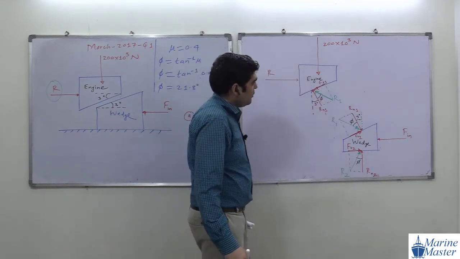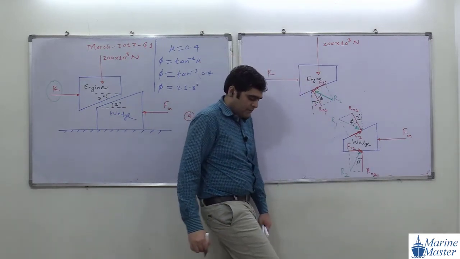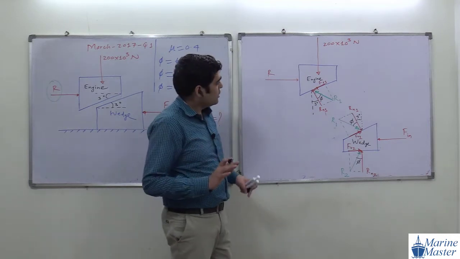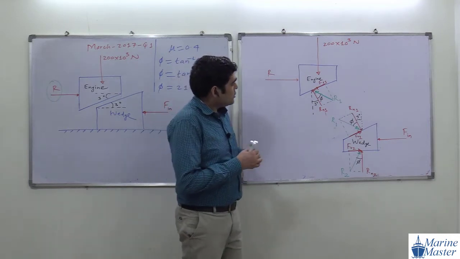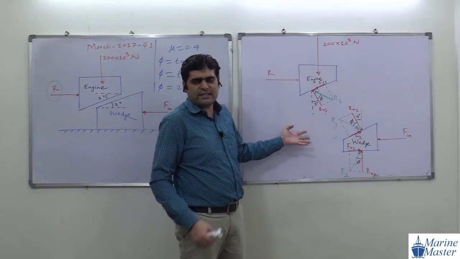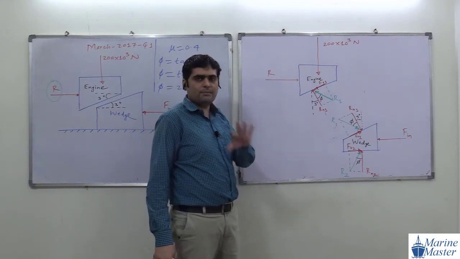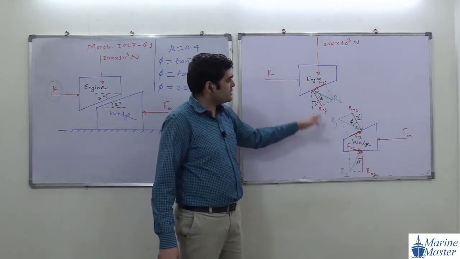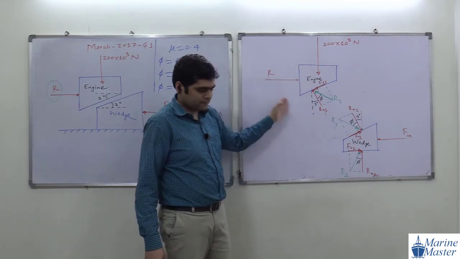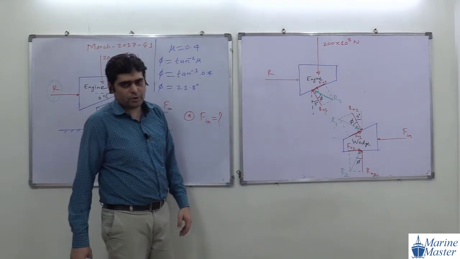Okay guys, are you getting my point? Please everyone, draw both the drawings. Very simple scenario. As compared to the earlier question, this question is very simple. Please draw both the drawings properly.